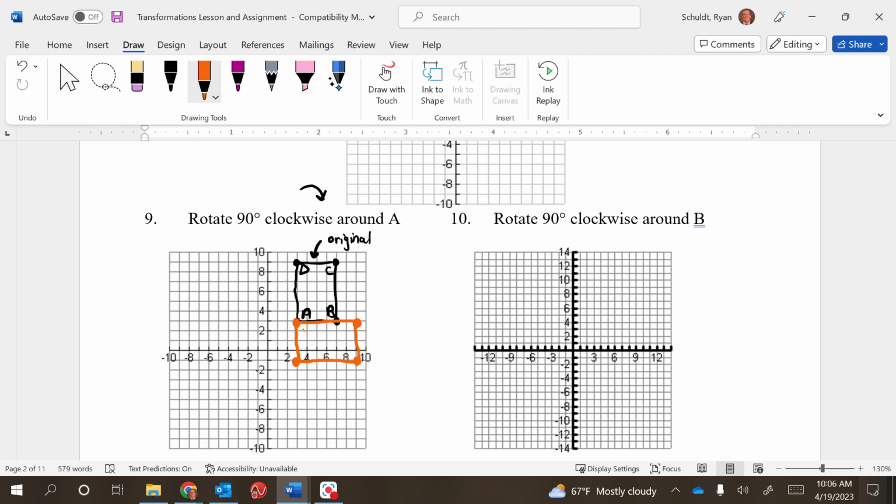What I did, this is now A prime, this is B prime, C prime, D prime. This is my new one. I took it and I pivoted it around A. A stayed in place. And I just rotated it.